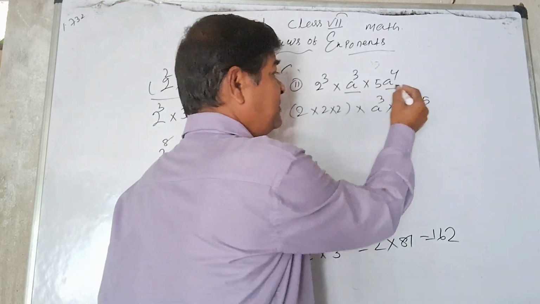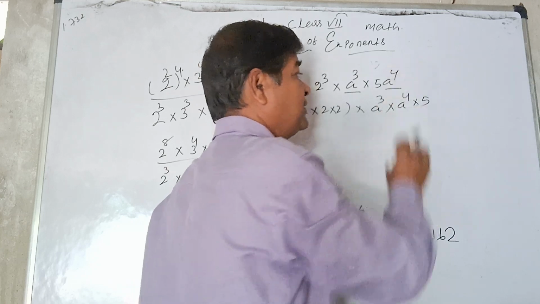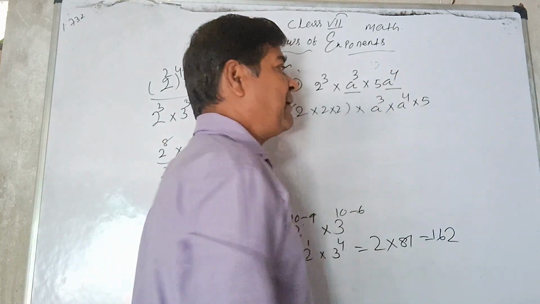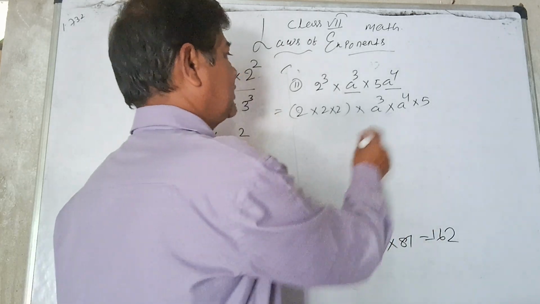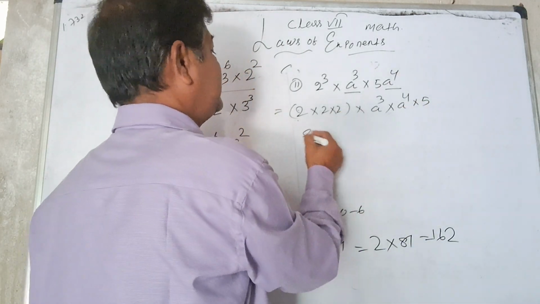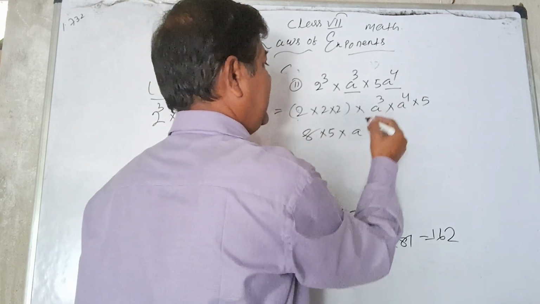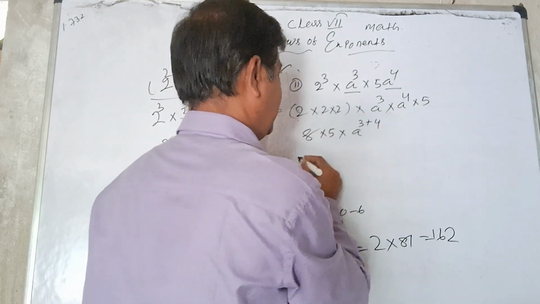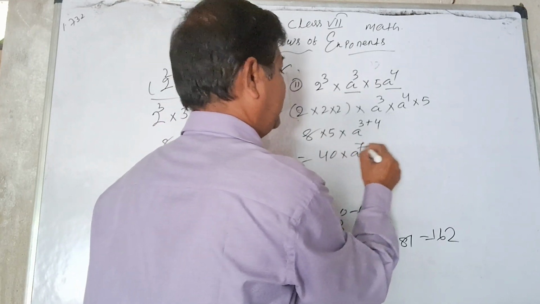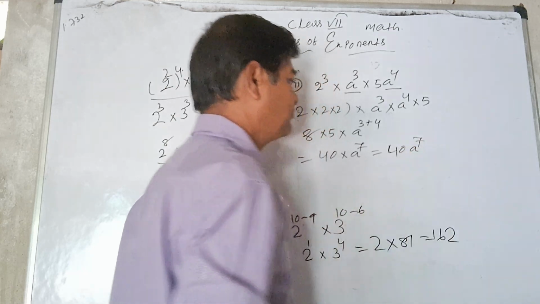In a to the power 3 and 5a to the power 4, only the exponent is on a. It is the power of a, not 5. That means this 5 is a constant number. 2 to the power 3 is 8, into 5. Similarly, multiply a to the power 3 plus 4. Answer will be 8 times 5 is 40, a to the power 7. 40 a to the power 7 is your answer.